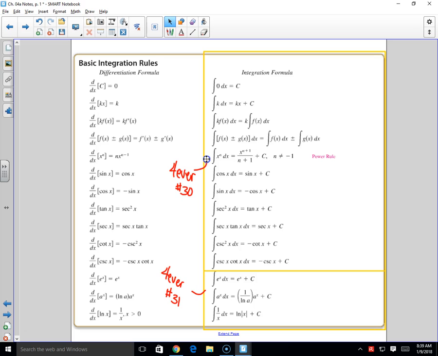Now, hold on, pause. Question. What trig integrals end up with a negative answer? Sine, cosecant squared, cosecant cotangent. Why do these three? That's weird. Wait a minute. In derivatives, it was derivative of anything with a c, anything with a c, anything with a c. Why is sine in that mix?